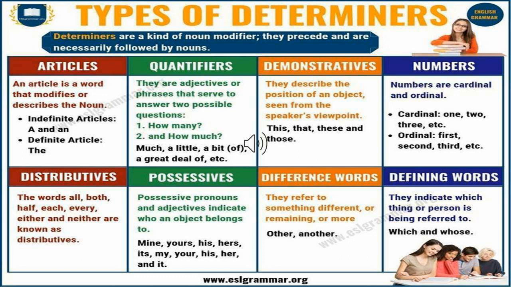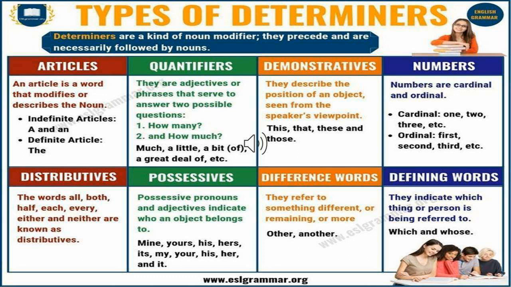For example, could I have another cup of tea? Another is a difference word or distributive. Other people must have thought like this. So other is a difference word or distributive.